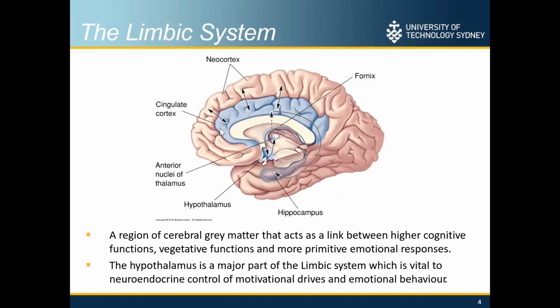This structure is important since it acts as a link between higher cognitive functions, the vegetative functions, and also more primitive emotional responses. It is important to note that the hypothalamus is a structure within this system, which plays a huge role in the neuroendocrine control of motivational drives and also emotional behavior.